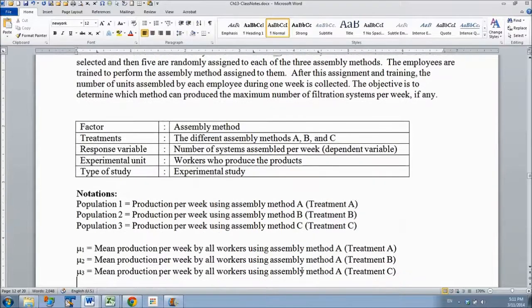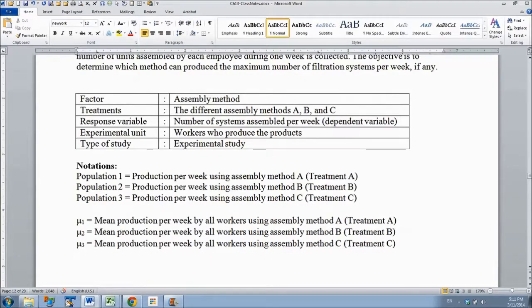So we have mu sub 1 is the average or mean production per week by all workers assigned to method A, and mu sub 2 is the same average for all workers assigned to method B, and mu sub 3 is all workers assigned to method C.